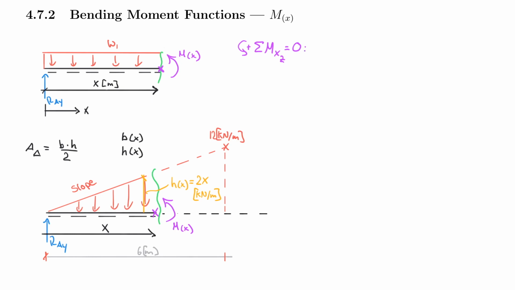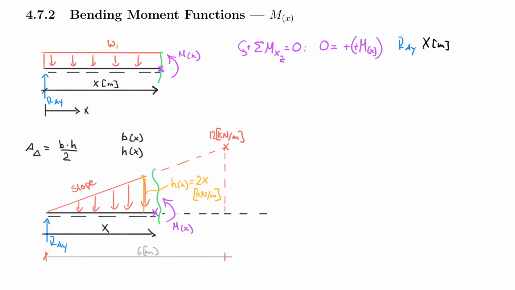So now I can develop my function and say that 0 is equal to, I start with my unknown, which turns counterclockwise, so positive defined M of x. And now I have to consider my Ray. So I have Ray, and this has a lever arm, which is multiplied by x, and that is still in meters.